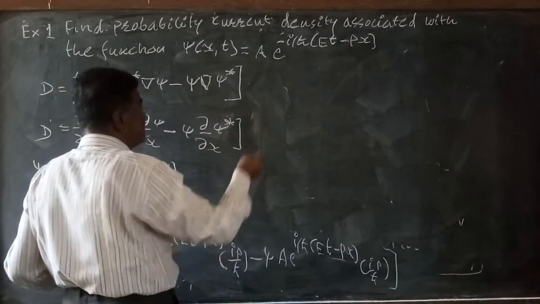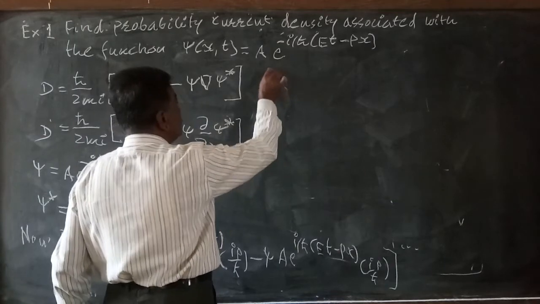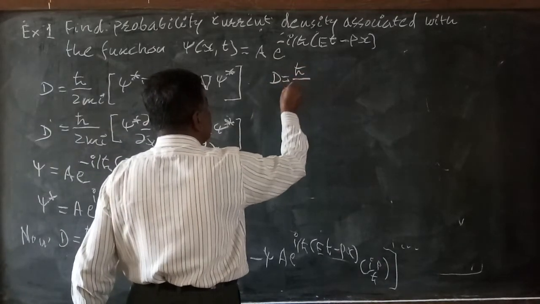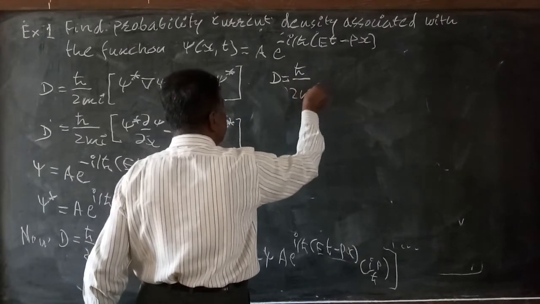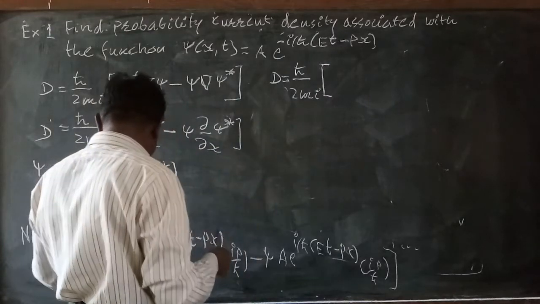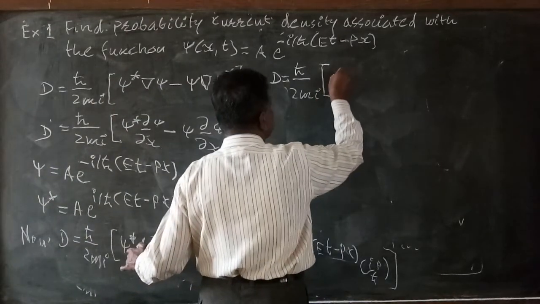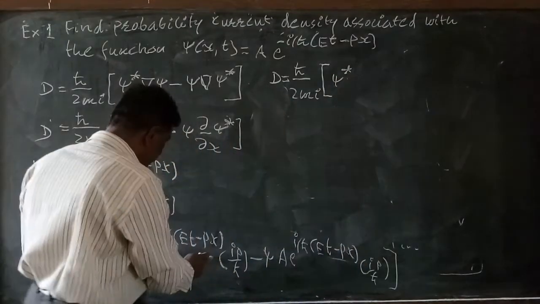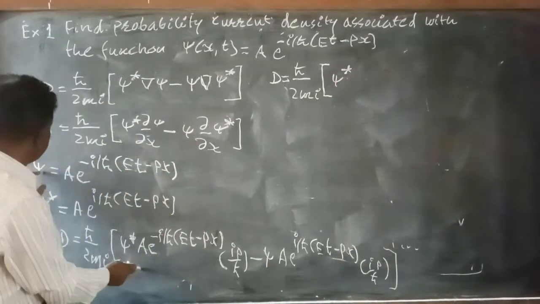we will solve further. So the probability current density will be equal to h cross divided by twice m i in bracket, psi star kept as it is. Then what is the value of this? This represents our wave function, that is psi.